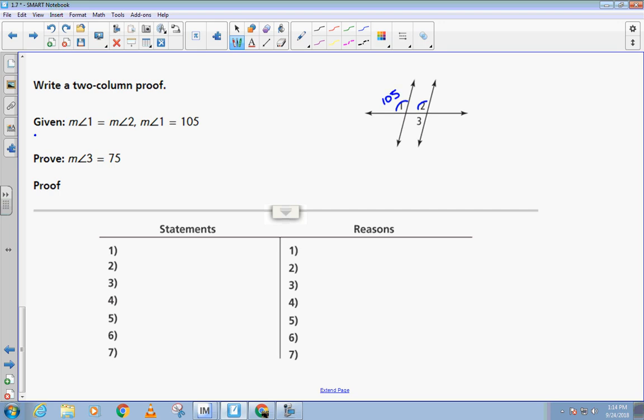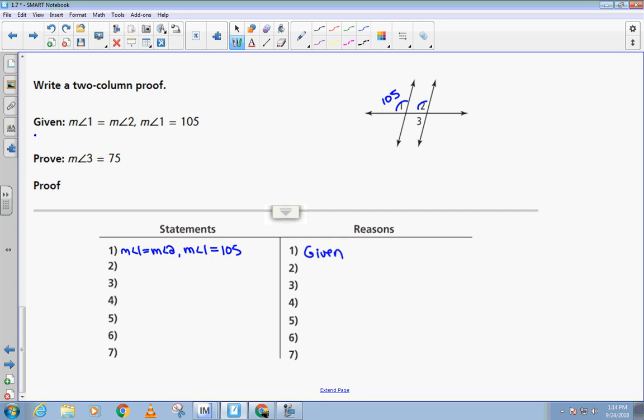We want to prove that angle 3 is 75. Okay, so let's write our given. The measure of angle 1 equals the measure of angle 2, and the measure of angle 1 equals 105. And that is given.